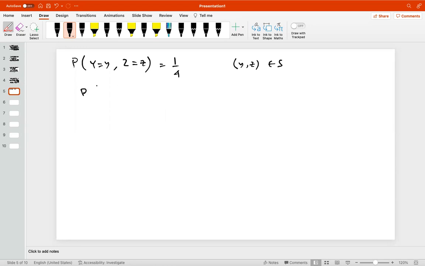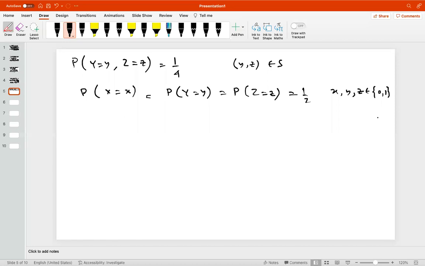Now, what about the probability of x equal to x? It has only two values. For x equal to 0, y equal to 0 it is 1 by 4, and x equal to 0, y equal to 1 is 1 by 4, so it is just half. The same holds for the probability of y equal to y and of z equal to z: all are half, and they can take only two values, 0 or 1. For every other value of x, y, z, this is 0.